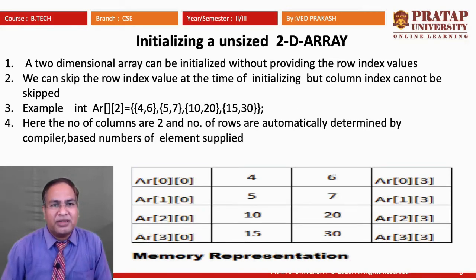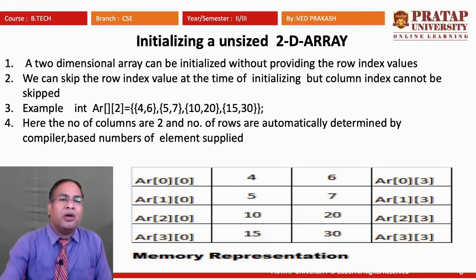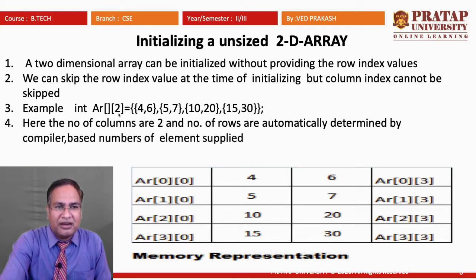Now, the next point is initializing an unsized two-dimensional array. In such initializing, we basically skip the row index and give the value to the column index. For example, here int AR, the row subscript is skipped and the column subscript has the value, and we initialize this data.